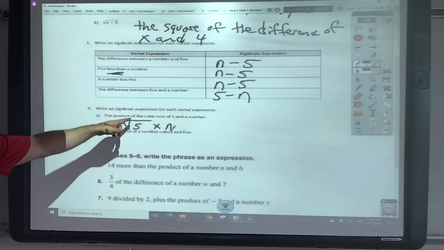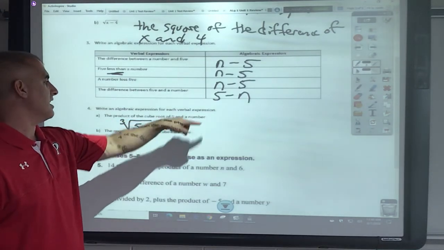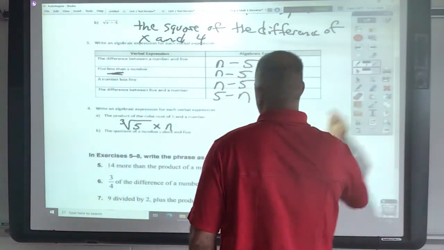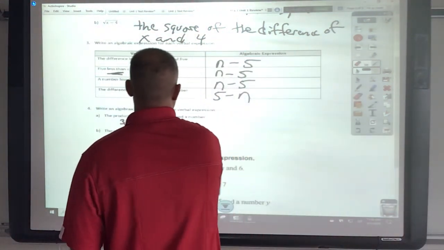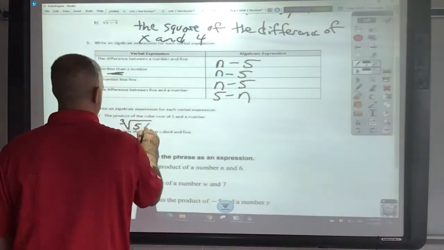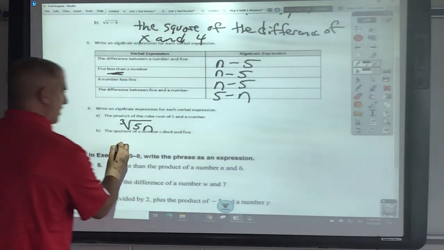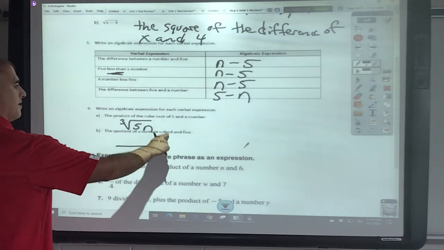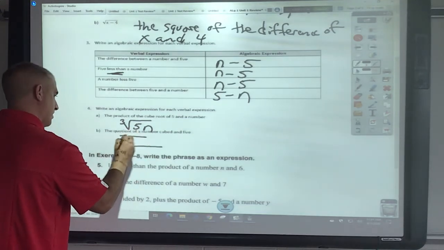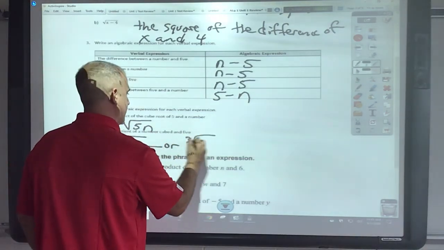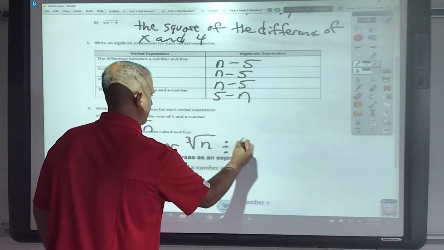So the product of the cube root of 5 and a number. Actually, I'm sorry, that's going to be all underneath here. The quotient of a number cubed and 5, or you could write it as cube root of n divided by 5.